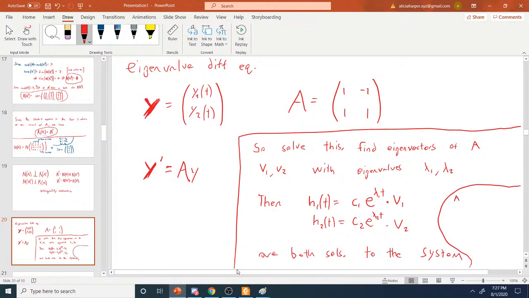And if the lambda i are complex, the real part of h1 of t and the imaginary part of h1 of t also form solutions.